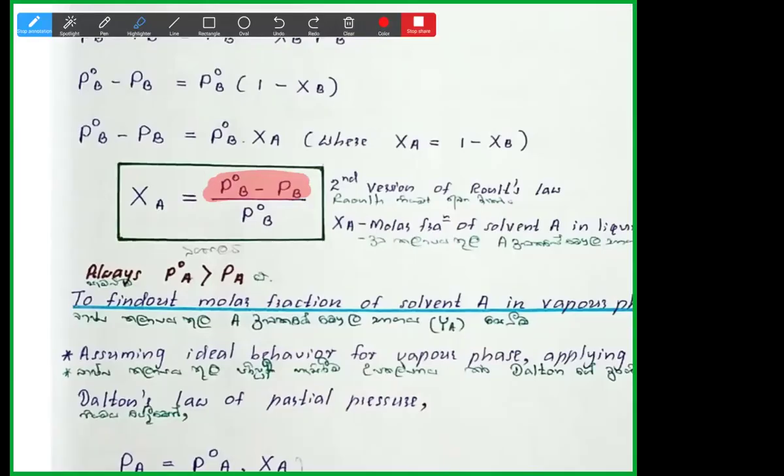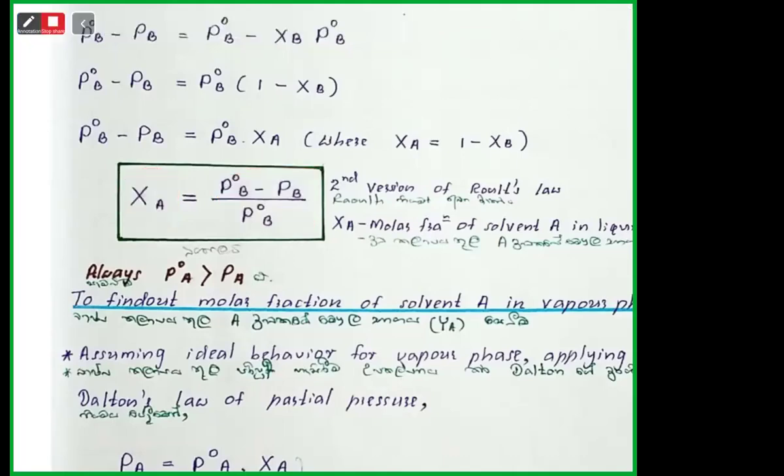And if we divide the vapor pressure depression by the saturated vapor pressure, we call it the relative vapor pressure depression. The relative vapor pressure depression of one component equals the molar fraction of the other component in liquid phase. This is the second law of Raoult's.